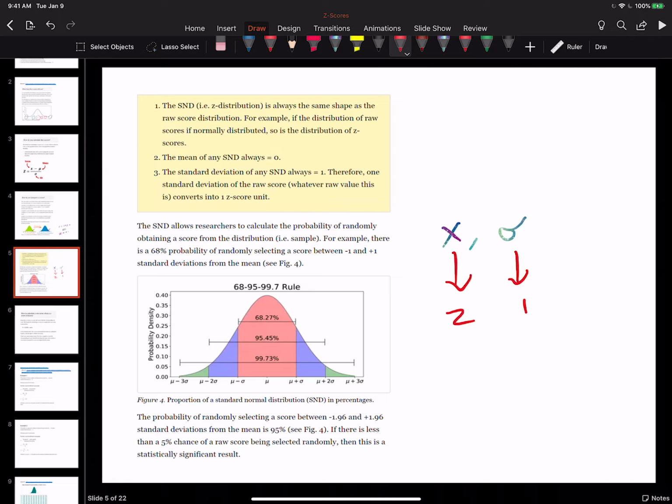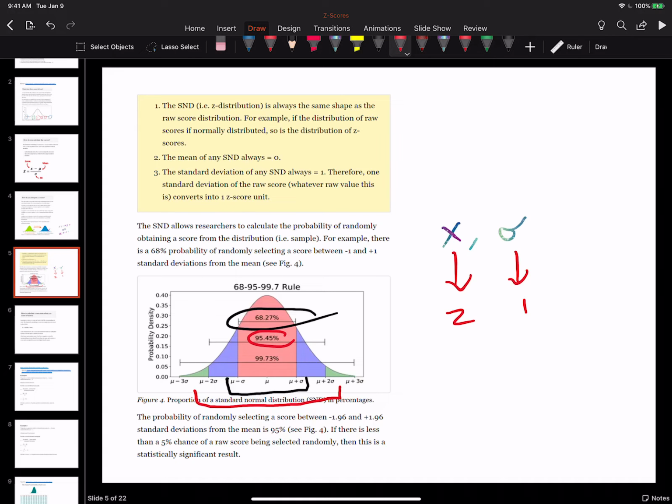Now, what's interesting is that between one standard deviation above the mean and one standard deviation below the mean, we control percent-wise 68.27% of the data. That's almost like 70%. When we look at 2 standard deviations above and below, we control 95.45%.